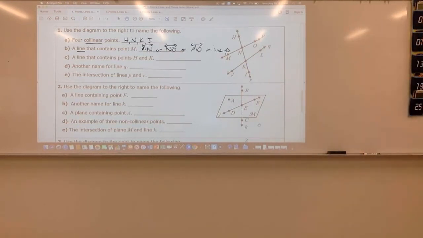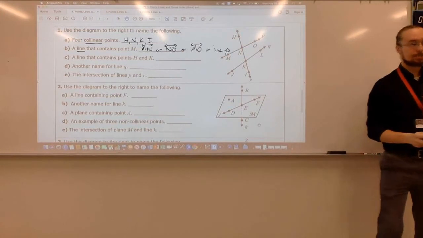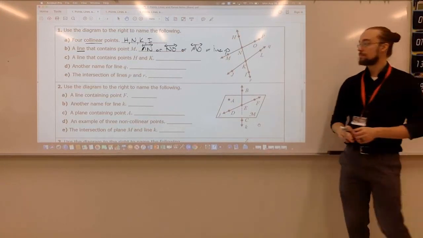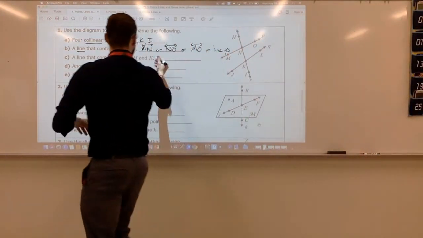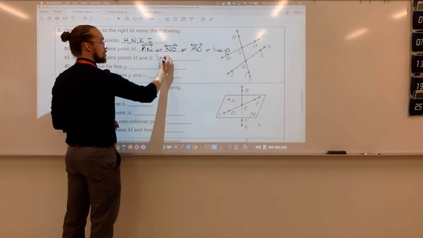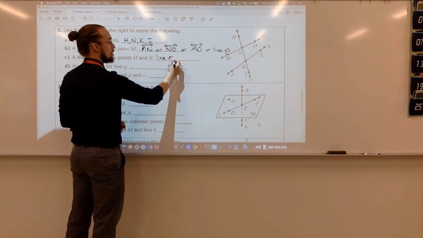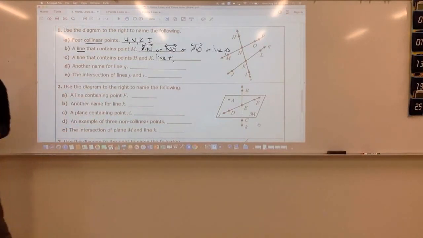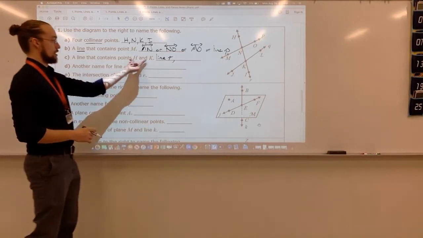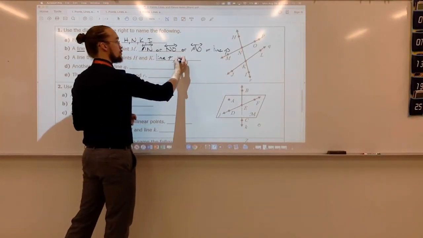Okay? How about C, a line that contains both points H and K? Again, more than one correct answer here. Okay? Line R, right? Using that lowercase script R. How else? Okay. Line HK. Pretty straightforward.